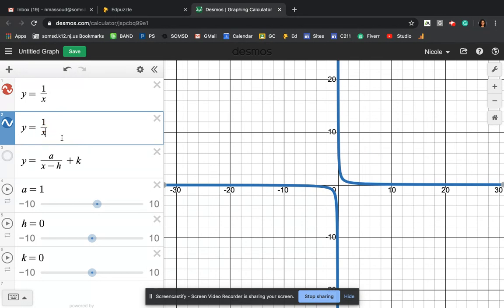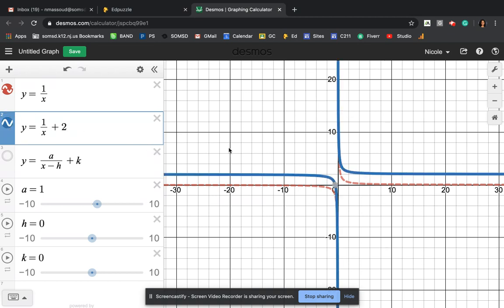Okay, now what do you think is going to happen if I add 2 on the end? Well, let's think about what has happened in the past when we add 2 on the very end of things, right?